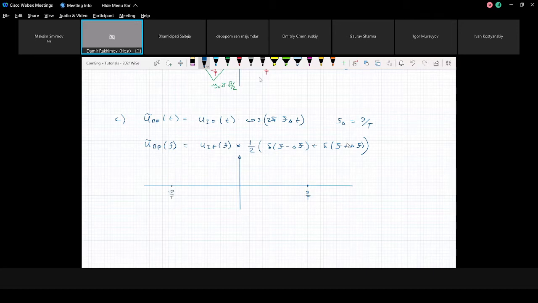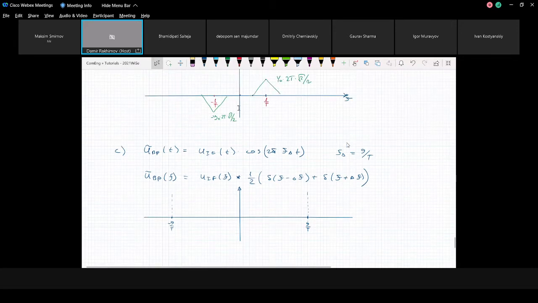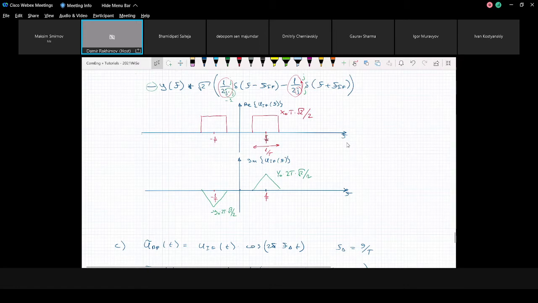Now our central frequency moves from intermediate frequency to 9/T, so instead of zero frequency, now we get 9/T.